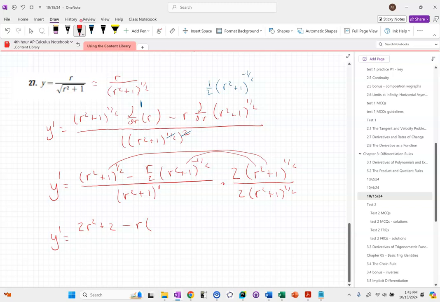And then r squared plus 1 to the negative 1/2 times r squared plus 1 to the positive 1/2 is just r squared plus 1 to the 0, which is just going to be 1. And then I have r squared plus 1 to the first times r squared plus 1 to the 1/2. So that'll be r squared plus 1 to the 3/2.